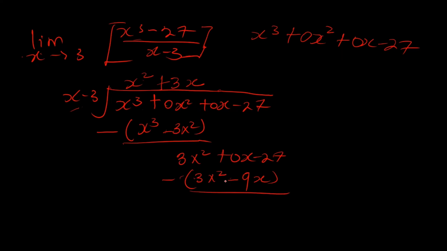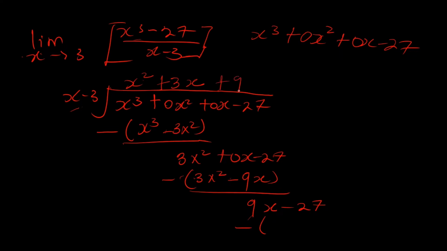3x squared minus 3x squared is 0. 0x minus negative 9x, we get positive 9x minus 27. We have negative 27 minus 0 because there is no constant here. Okay, so start again. x goes into 9x, 9 times.